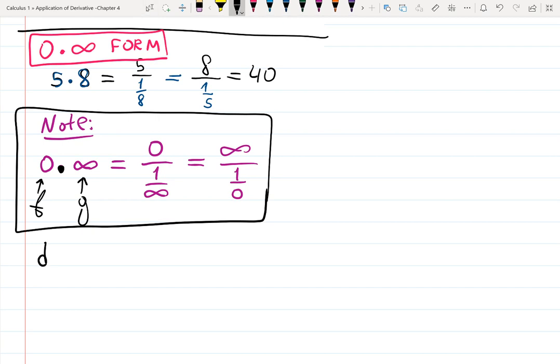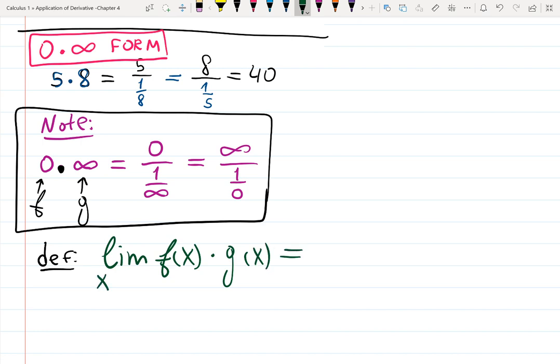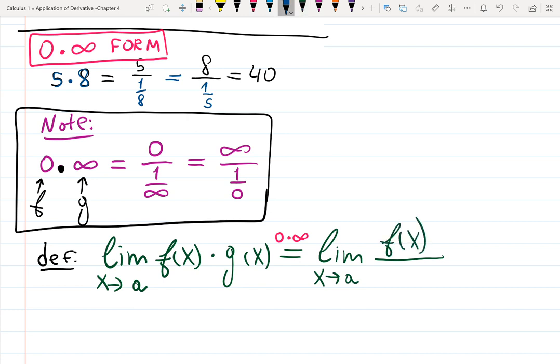And the official definition in green: if you're working with a limit of f of x times g of x, as x goes to a or infinity, and you have the 0 times infinity or infinity times 0 case, then this will be the same as if you rewrite this limit as a quotient. You'll have f of x at the top and 1 over g of x at the bottom.